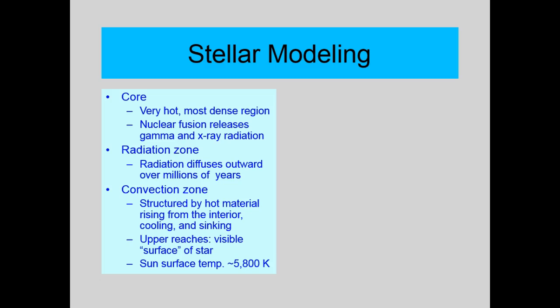The most dense region of that star, because you got all that gravitational pull on it, and that's where your nuclear fusion releases all these gamma rays, X-rays, all that radiation. And guess what, folks? That's all deadly. Gamma rays will kill you within hours, maybe days. X-rays might take weeks, but they will kill you, okay?